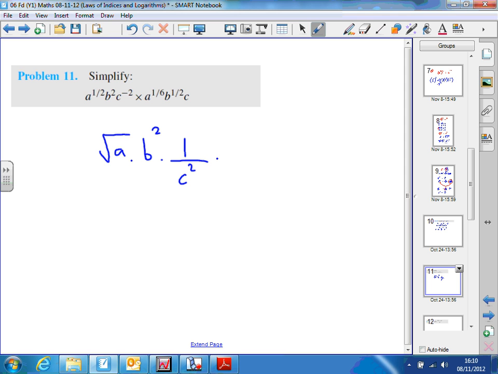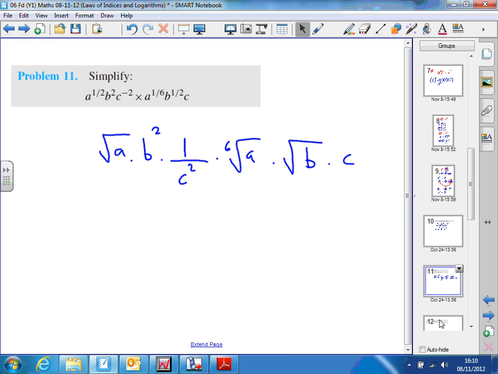Times, what about this one? The 6th root of a, multiplied by square root of b, multiplied by c.